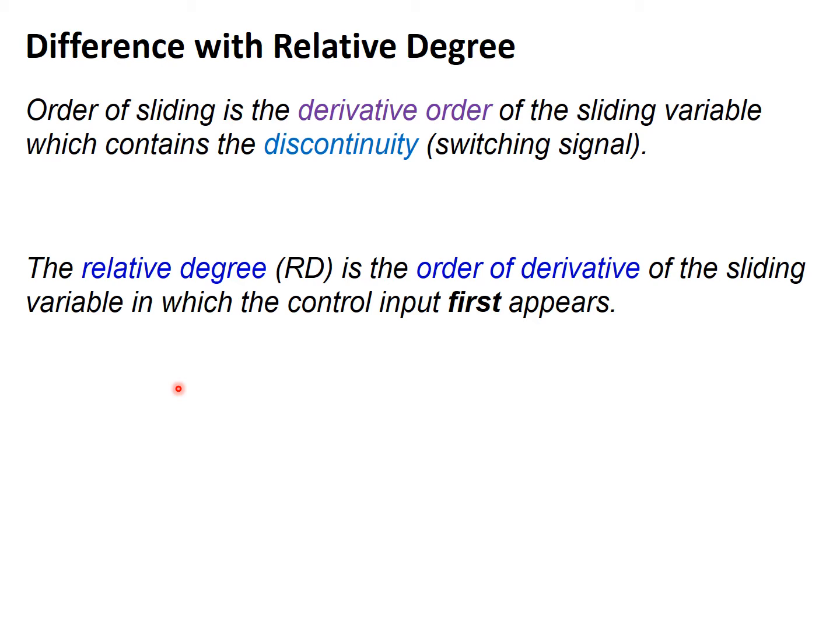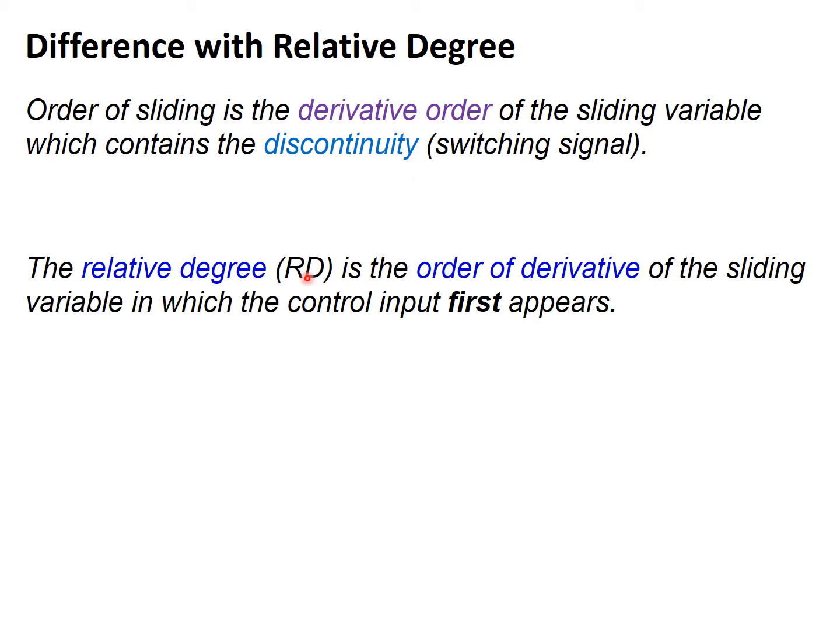These are not the same because the control input may not necessarily contain the discontinuity. Yes, it is true that in sliding mode control, what we have learned so far, the control action contains the discontinuity, but that does not mean that the control action has to always contain the discontinuity.